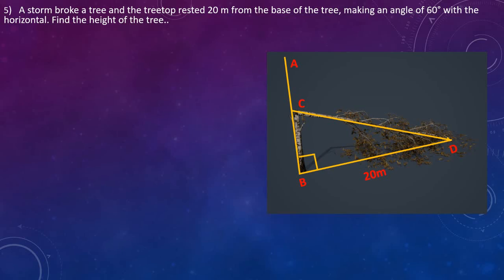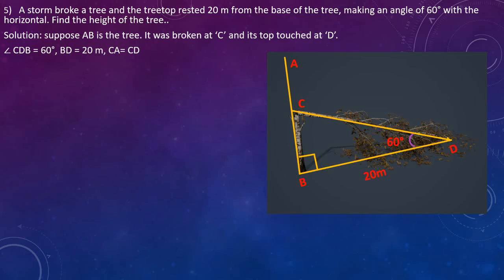Now the tree was standing perpendicular to the ground, so here it forms a triangle BCD. Also they have given that the tree, when it touched the ground, made an angle of 60 degrees with the ground. So we need to find the height of the tree here.